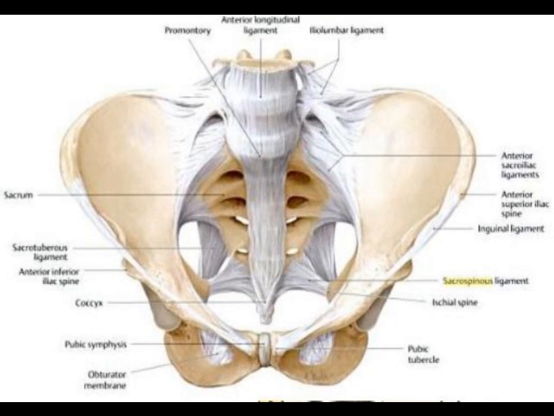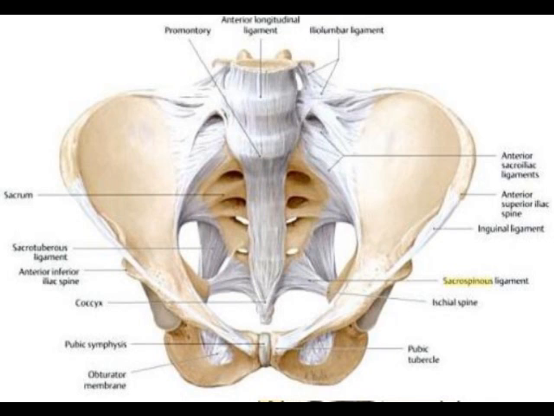And on the left side, you can see the labeling for the sacrotuberous ligament. And on the left side of that, it shows you both the sacrospinous and the sacrotuberous ligament. You can see how close they are together. And the pudendal nerve basically travels right underneath, between those two ligaments.